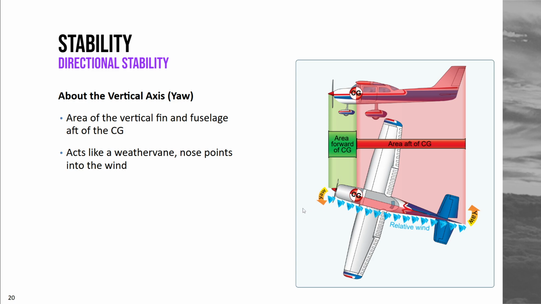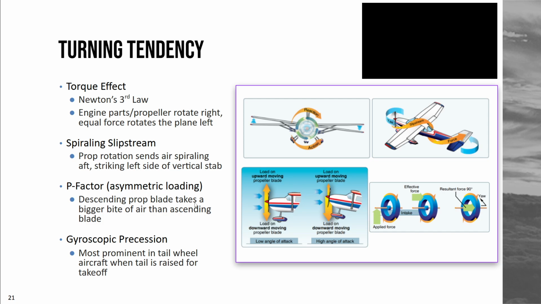So if my relative wind is directly from the left, it has all this surface area for the wind to push against and yaws the aircraft into the wind, into the flight path. And that's the easiest one to understand.